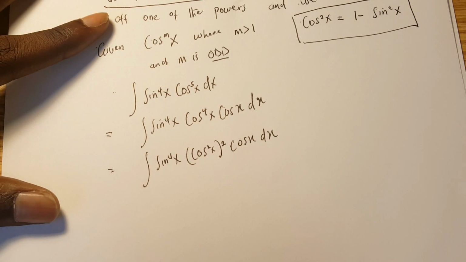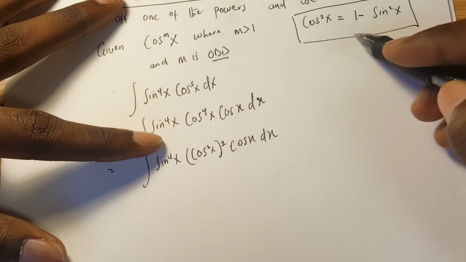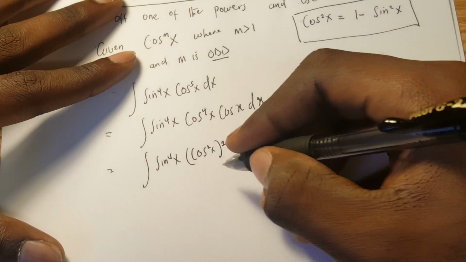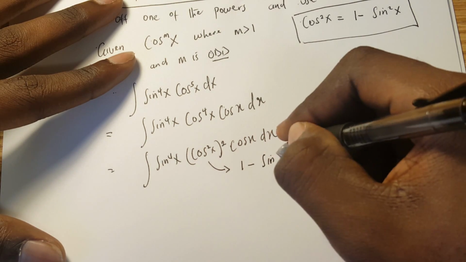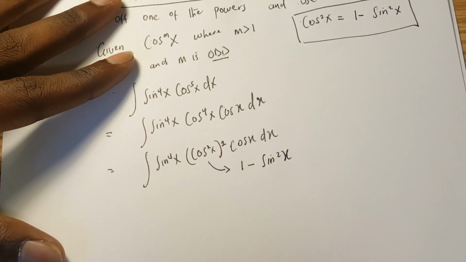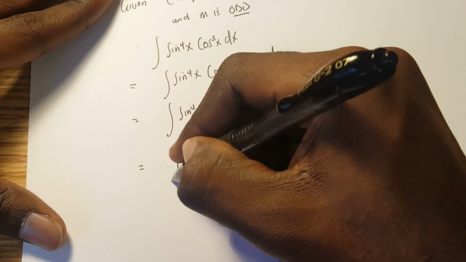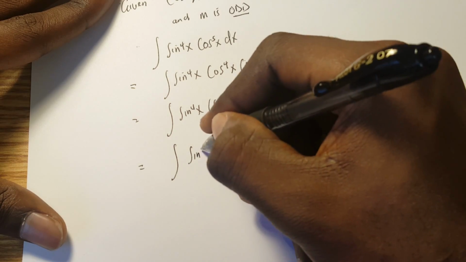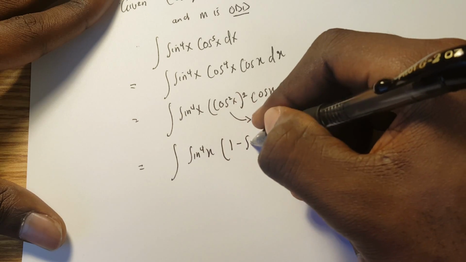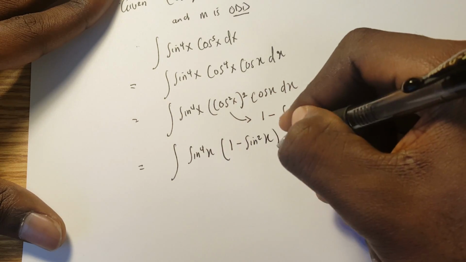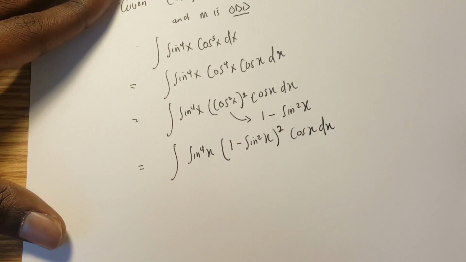Now we have our cosine squared here, so we're going to substitute for our trigonometric function. This is the same as 1 minus sine squared x. Now we put that in. We have sine 4x times the bracket 1 minus sine squared x all squared, cosine x dx.